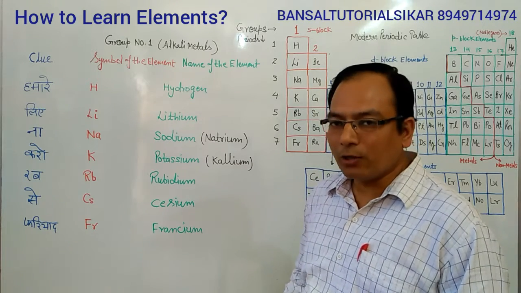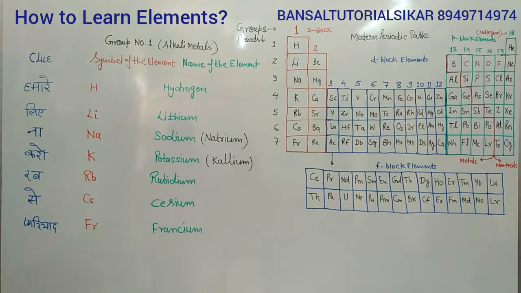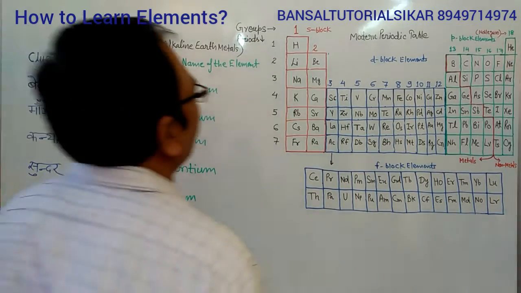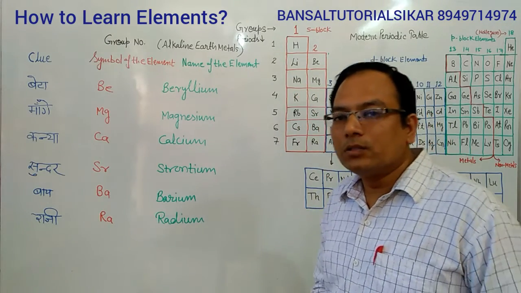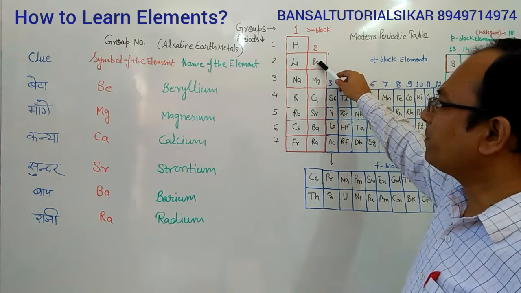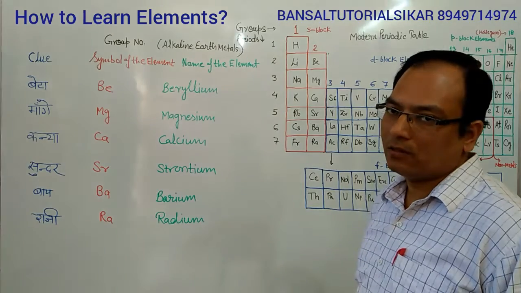Let's take another group, number 2. The second group of S block elements is this. This group is also known as alkaline earth metals.